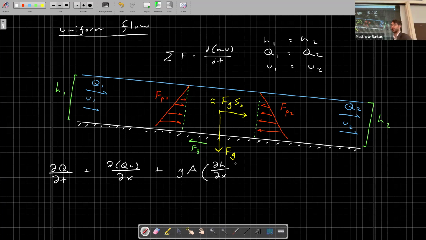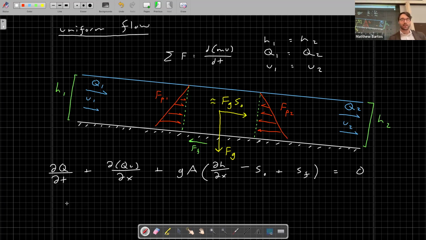Remember, we showed that last time: the gradient in the pressure is now represented by the gradient in the water depth, i.e. the slope of the water surface, minus the bottom slope plus the friction slope is equal to 0. So that's our general momentum equation. This works for any flow condition. Let's see how this simplifies under the case of uniform flow.